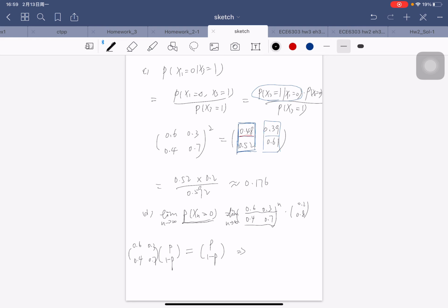So we can solve it like 0.6p plus 0.3 times (1 minus p) equals p, and we will have p equals 3/7. Therefore the limit of the probability that xn equals 0 is 3/7.